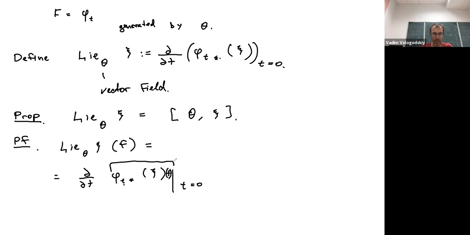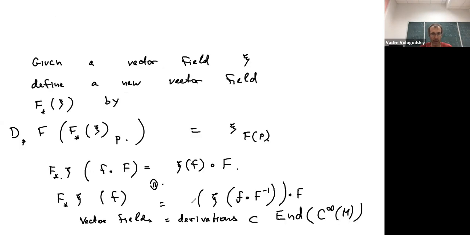So let's look at this expression. Let's use the formula that we have here. It expresses how a diffeomorphism acts on vector fields regarded as derivations. This is conjugation with the diffeomorphism.